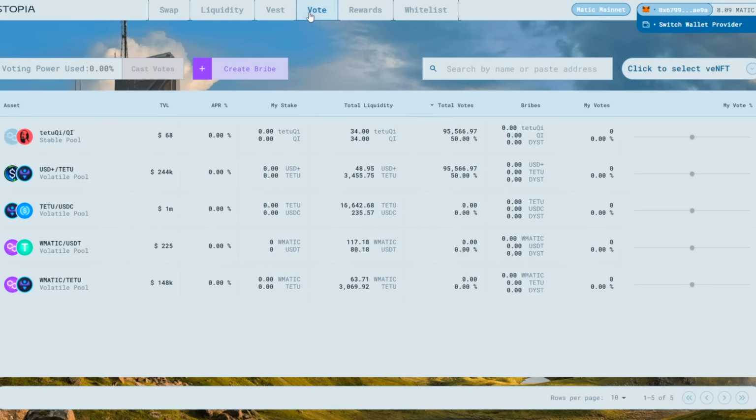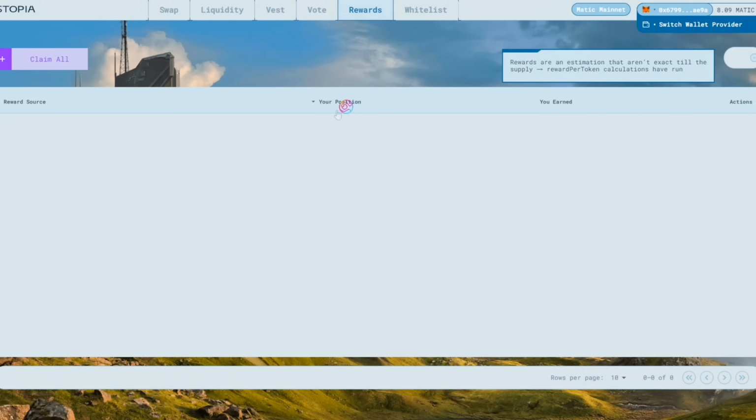That voting power is important because with it you can drive further emissions from and new liquidity into your pool of choice and earn your portion of that pool's swap fees. This creates a positive feedback loop of more liquidity, emissions, and swap fees earned. Dystopia will launch emissions of their reward token DYST to liquidity providers on Thursday, May 19th, 2022.